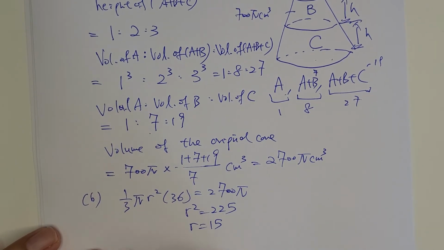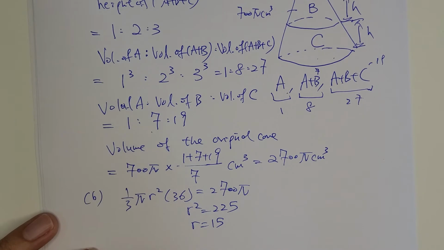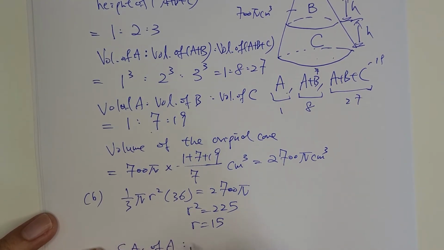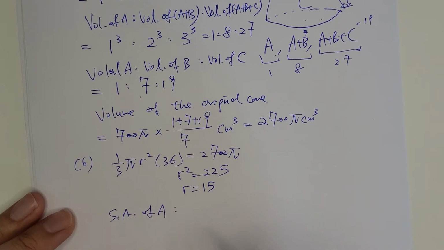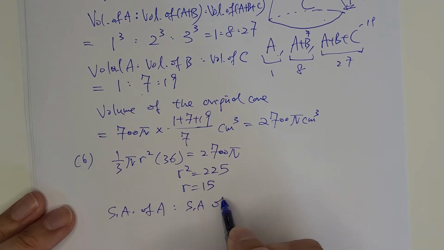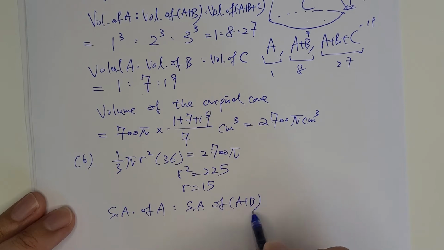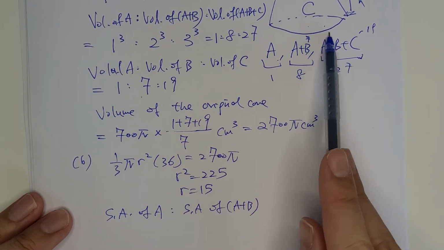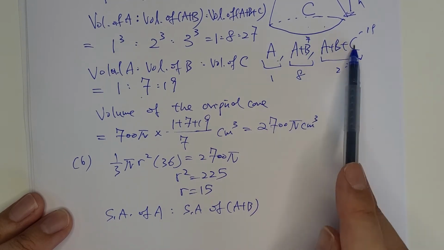So we use the concept of similar figures again. The curved surface area ratio of similar figures equals the square of the length ratio of the similar figures. So surface area of A to surface area of A plus B. Remember, we always start with these three solids, A plus B, A plus B plus C. These three cones, okay?